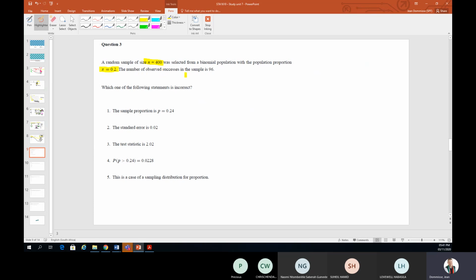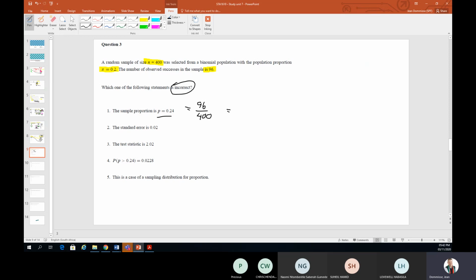And the number of observed cases is 96. Okay, so the first one that we need to see, and we look for something that is incorrect. So the first one, the sample proportion. So the sample proportion is the 96 divided by 400.